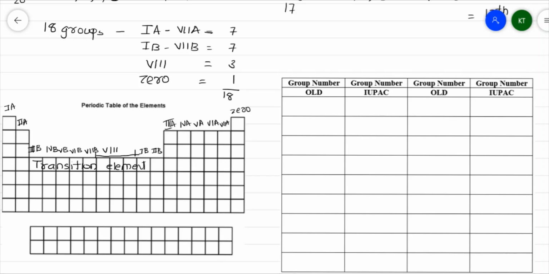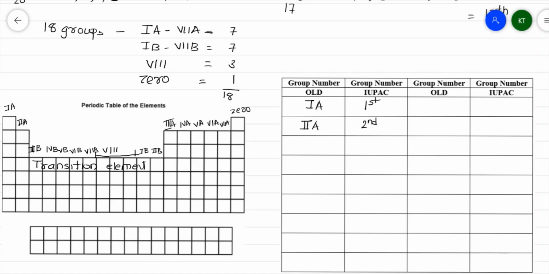But with IUPAC coming into the picture, the AB notation has been removed and all the groups have been given continuous numbers from 1 to 18. Let me take the old notation 1A, which is given as the first group. Then 2A is given as the second group.